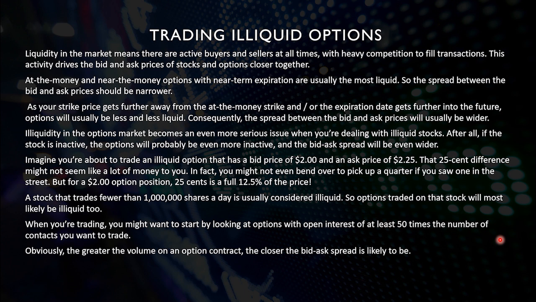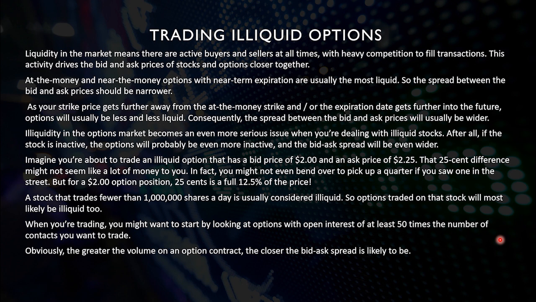This activity drives the bid-ask price of the stocks and options closer together. The market for stocks is generally more liquid than their related options markets. That's because stock traders are just trading one stock, whereas people trading options on a given stock have a plethora of contracts to choose from, which differ with different strike prices and different expiration dates.